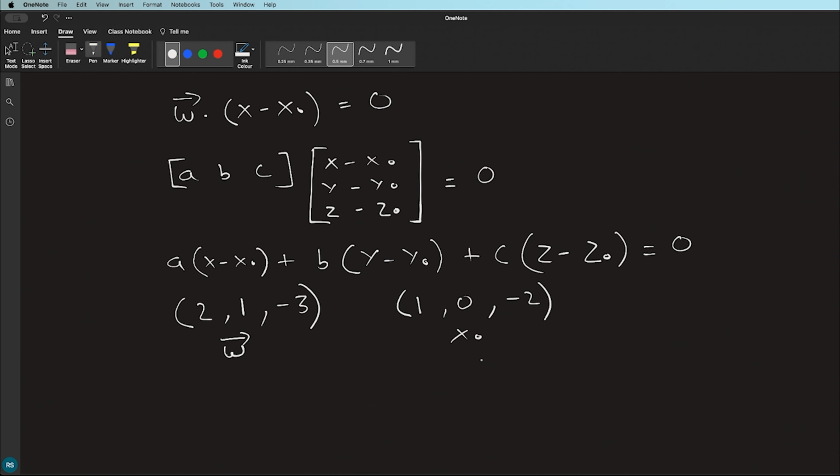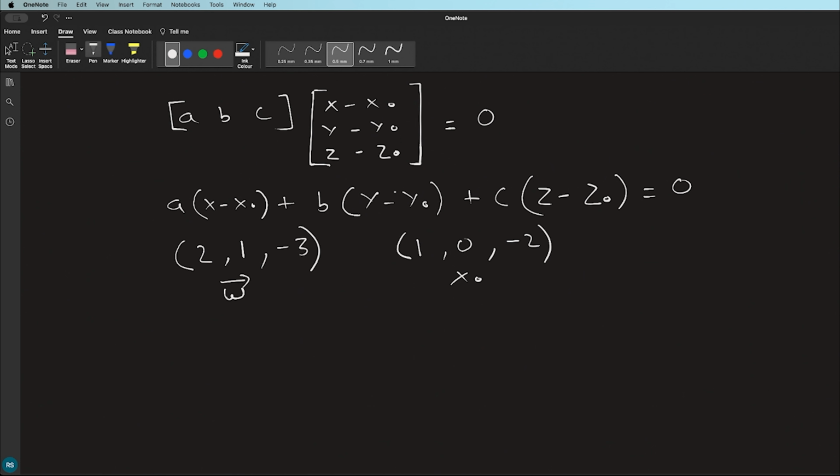When I plug in those values in the above equation, it will result in 2 into x minus 1 plus y, that is y minus 0, plus c is -3. Okay, so this will be -3 into z minus z naught.